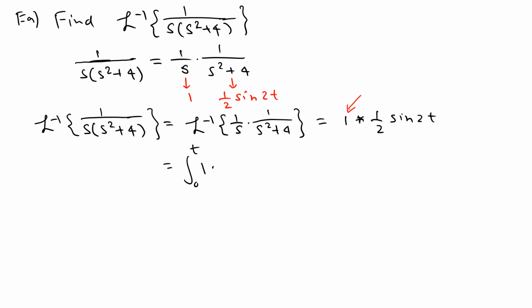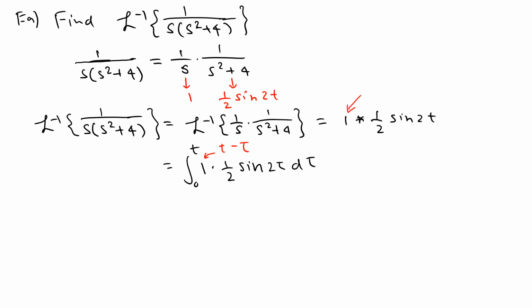That's the function where we put the t minus tau, so you don't see it there. And for the other one, you put the tau. So the next one is 1/2 sine 2 tau.